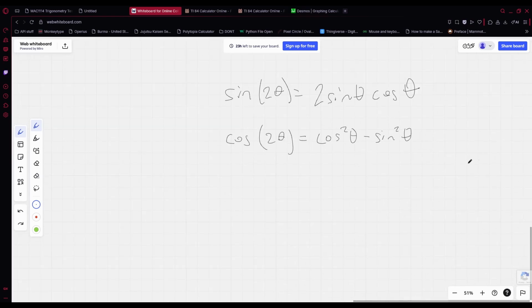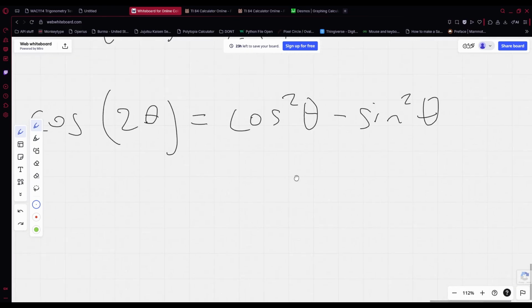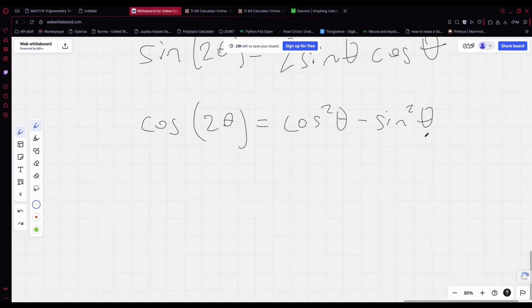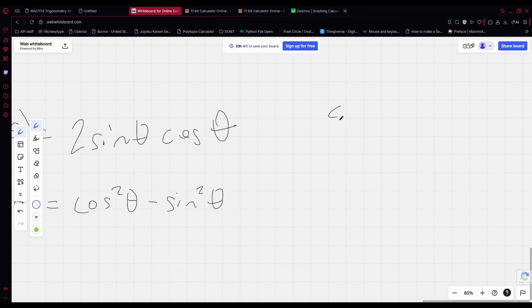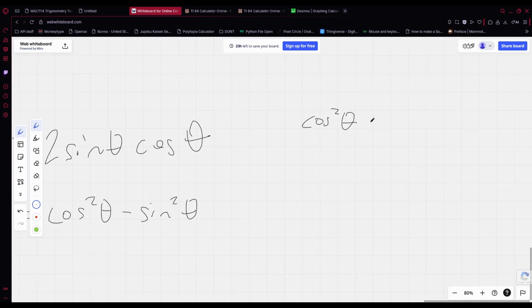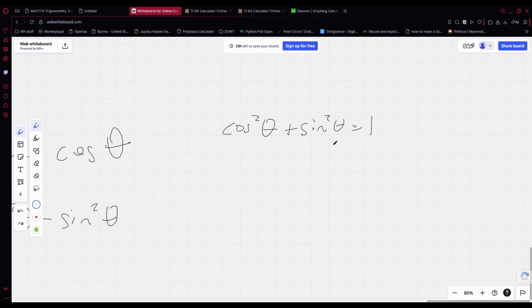And with this formula, you can do a lot of things. You can convert it. So you can say, okay, I want to say negative sine squared theta is equal to, so we'll look at the Pythagorean identity. So cosine squared theta plus sine squared theta equals 1. How do I substitute this for something? Well, I just subtract and subtract. So it would end up being cosine squared theta minus 1 equals negative sine squared theta.